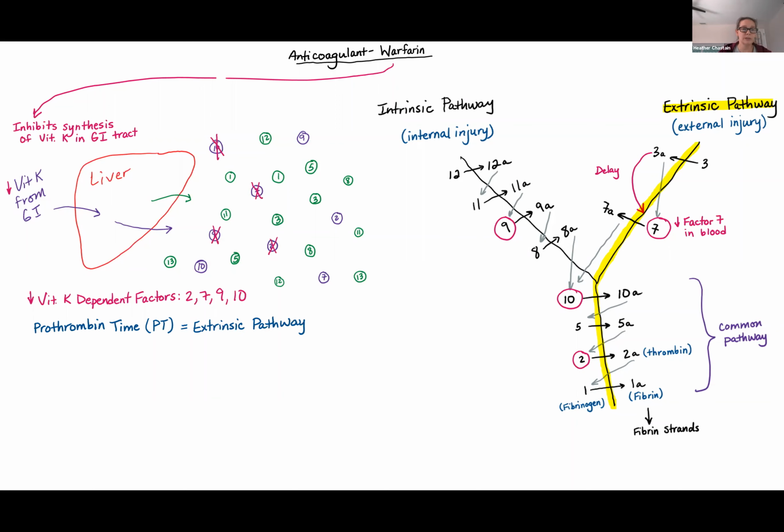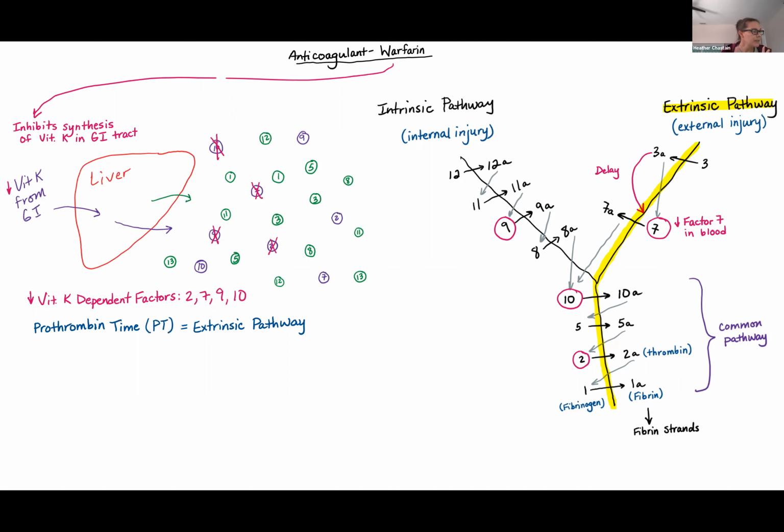Because we know that warfarin affects the extrinsic pathway, we use PT to determine how much effect warfarin is having on the clotting process. We can measure that pathway, see how quickly it's clotting, and that will let us know how much effect warfarin is having.